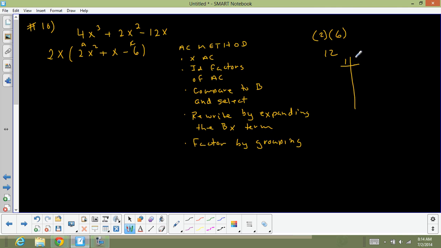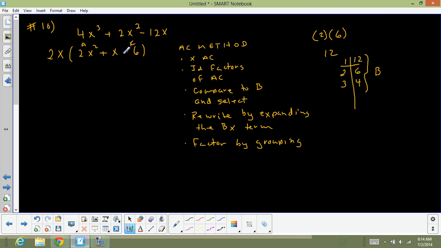And of course, first and most apparent is 1 times 12, 2 times 6, 3 times 4. And those are all the integer pairs, except for order, I suppose, of factors of 12.